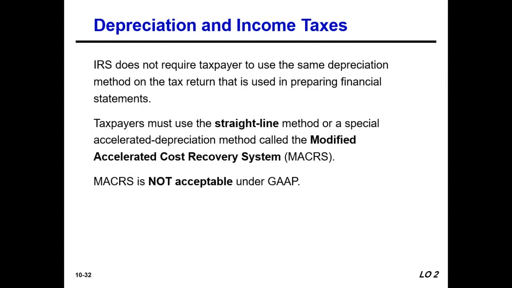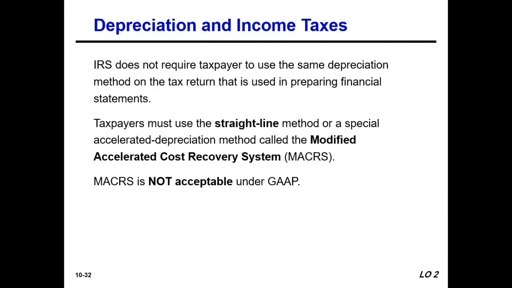Now in the US, taxpayers can use either a straight line method or some special method, right? We call it the modified accelerated cost recovery system. You will learn more detail about it in some other courses, not in this course. But it is a depreciation method. We call it the modified accelerated cost recovery system, for tax purposes in the US.